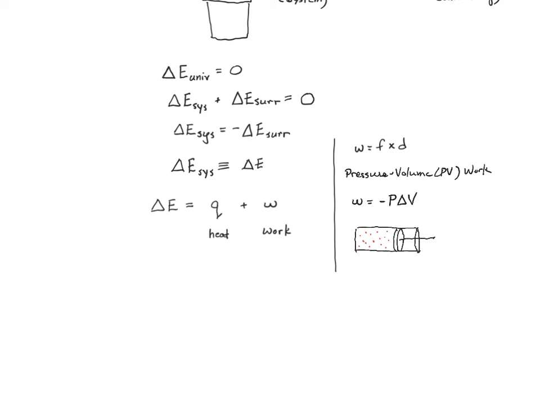Now, if we were to change something inside of that container to increase the pressure inside of the container, we're going to wind up pushing against that plunger and pushing out this piston.